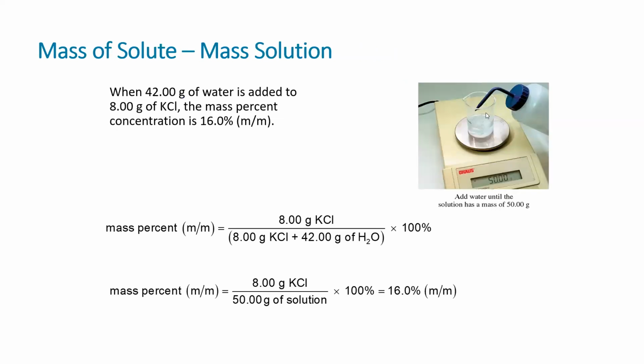So they weighed out their 8 grams of potassium iodide, and now they're adding 42 grams of water for a total of 50 grams. So this 50 grams is the mass of the solution, which includes both the solvent, the 42 grams of water, and the 8 grams of the solute, potassium iodide.